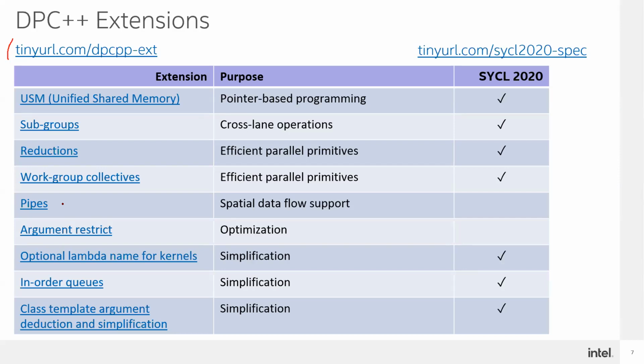And the main reason is, if you have a feature which is applicable for any target device, so not only CPU or GPU or FPGA, but it is a useful feature for any target device, then the standard committee is willing to accept it with a higher priority. In this case, this feature, which is called pipes, which improves spatial data flow support for FPGAs, is something very limited to FPGAs.